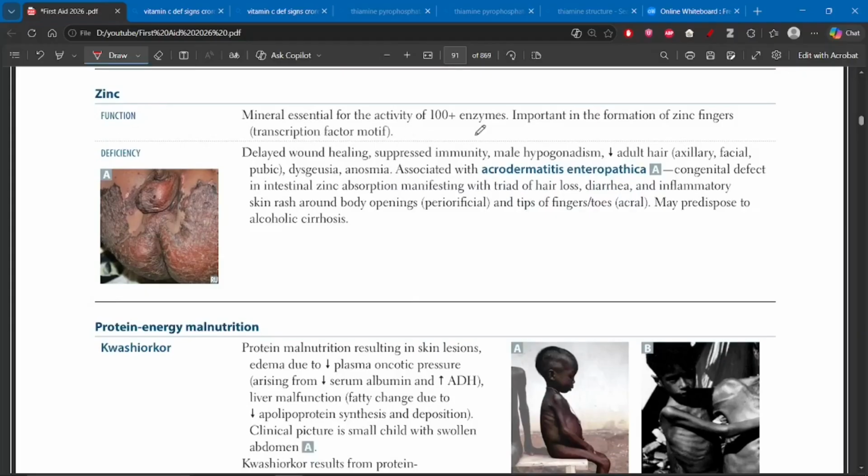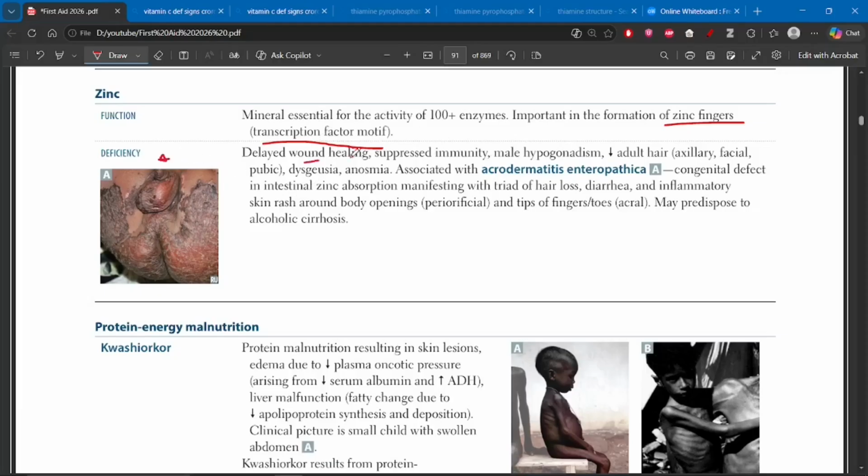Zinc is an essential mineral. It's very important. Mostly, it is important in zinc fingers, basically in DNA transcription, where it is a cofactor for enzymes. The deficiency is important.